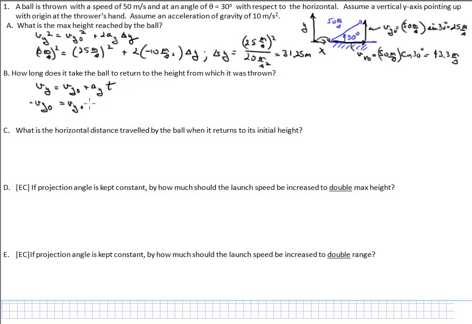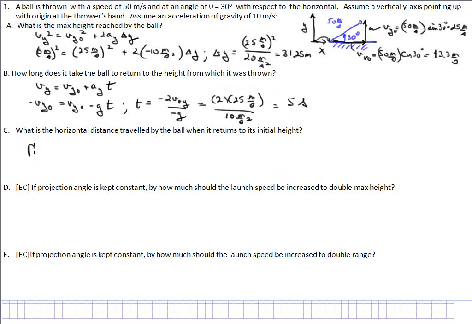And a sub y is minus g, and so if I solve this equation for t, that will give me the flight time, and it turns out to be minus 2 Vy naught over minus g, which is 2 times 25 meters per second over 10 meters per second squared. Notice the minus signs cancel out, and that gives me a flight time of 5 seconds.